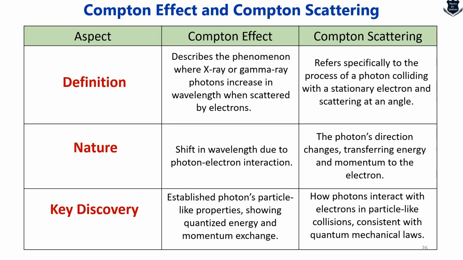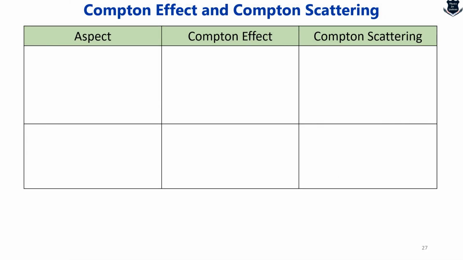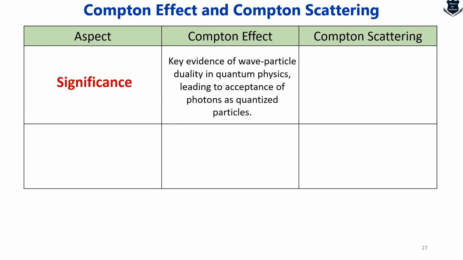So this is how things happen. You can say this is a kind of relationship. Further, if we see the mathematical description and the significance, this is key evidence of wave-particle duality in quantum physics, which leads to the acceptance of photons as quantized particles.